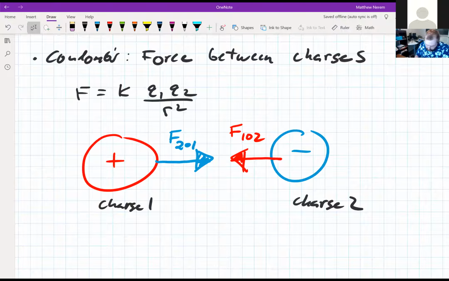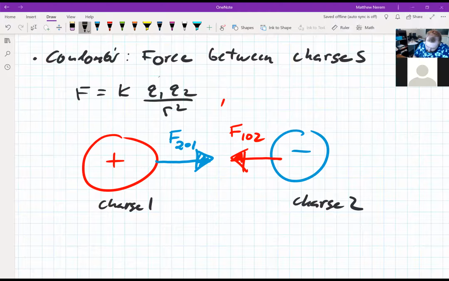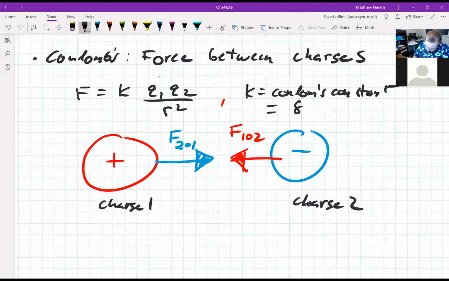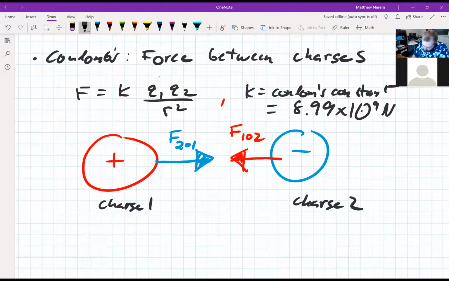And let's go through these terms. Charge of one, charge of the other, Coulomb's constant, 8.99 times 10 to the 9th. Make sure I get my units right. It'll be newton meter squared per coulomb squared.